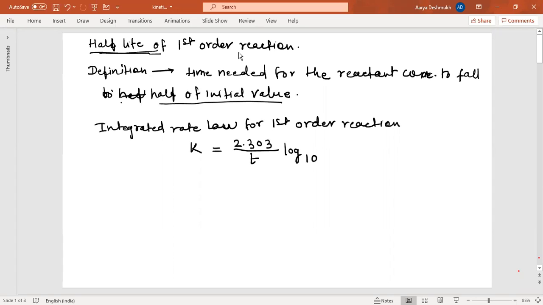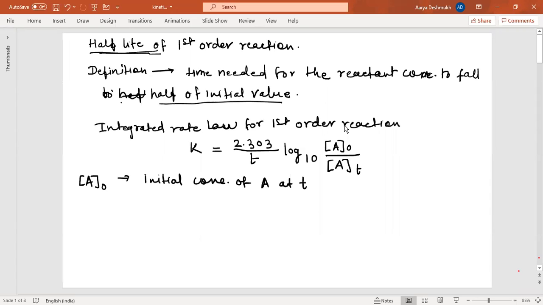Log to the base 10, concentration of A at 0 time and concentration of A, that is a reactant, at time t. Where this concentration of A at 0 time is the initial concentration. You know this, this is the initial concentration of A at t equals 0, isn't it?